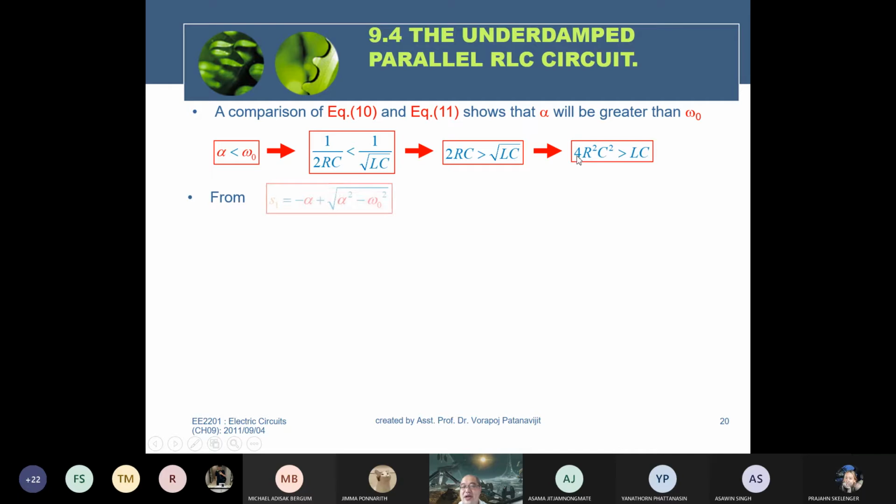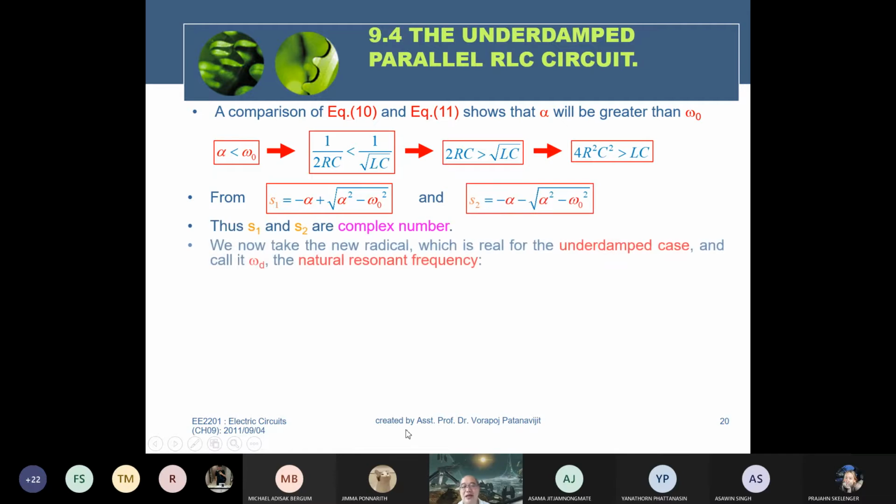Therefore, you can summarize that R squared C squared is less than LC. You can determine S1 and S2 in this case. S1 and S2 are complex numbers, and we now have a new radical, which is real for the underdamped case and called omega D, the natural resonant frequency.